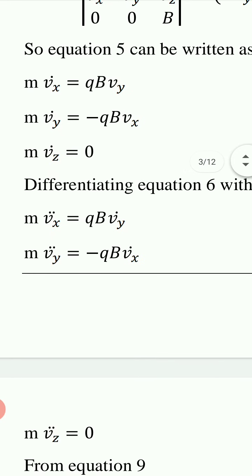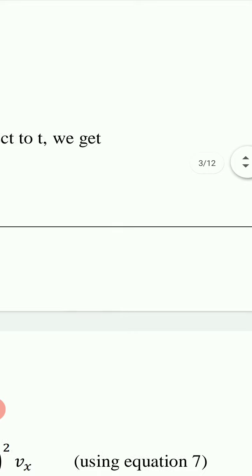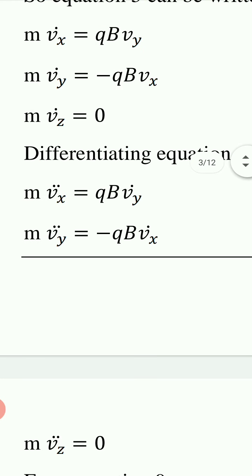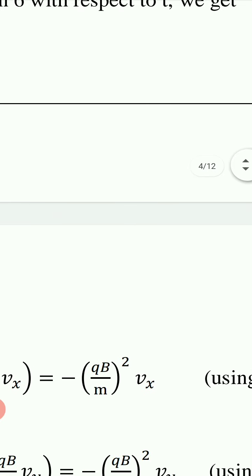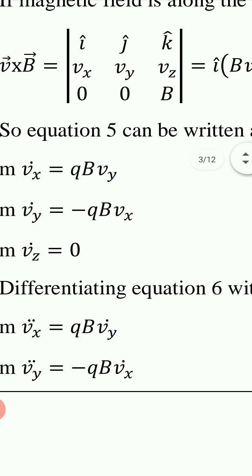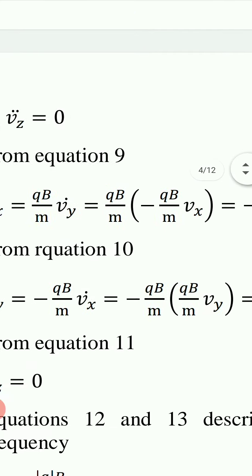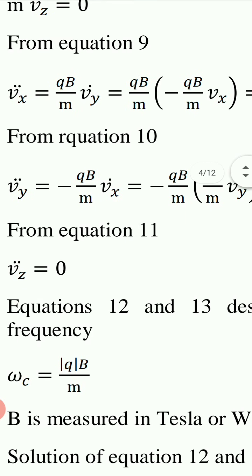The value of vy dot is in equation 7. Equation 7 gives vy dot equal to minus q b upon m vx. We substitute this value of vy dot. Then vx double dot becomes q b upon m into minus q b upon m vx.